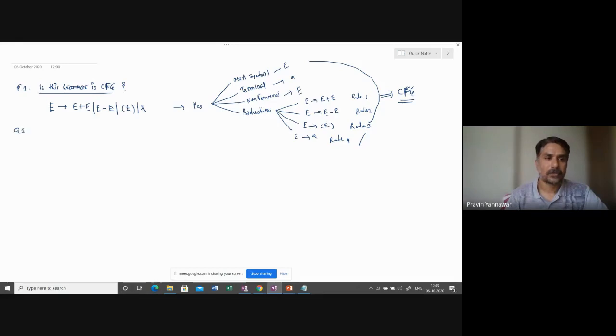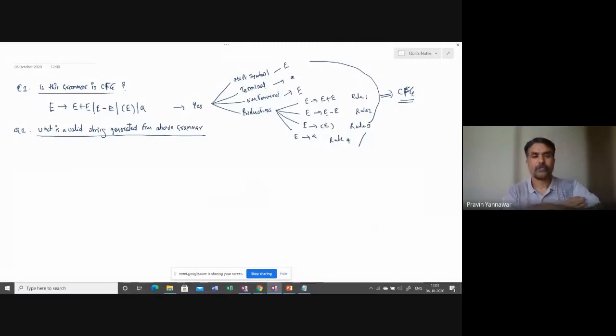Now question 2: what is a valid string generated from the above grammar? You now have four rules here. What are the valid strings that are generated by using this grammar?